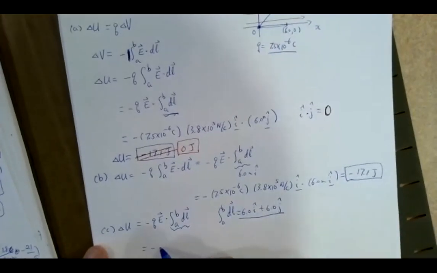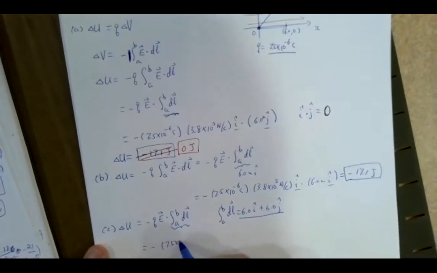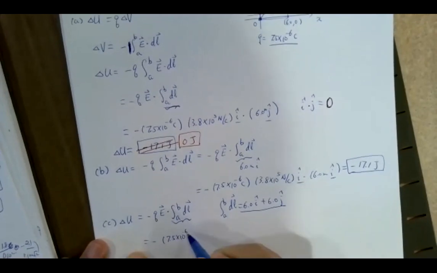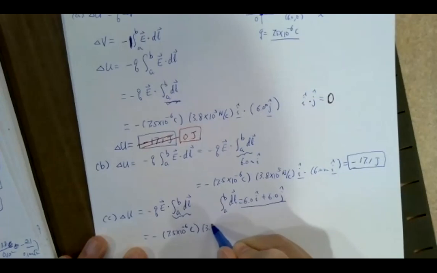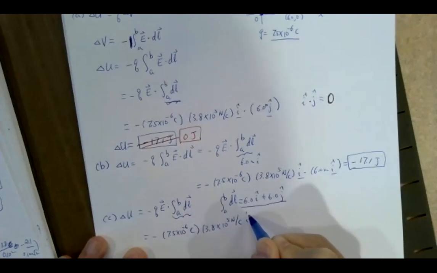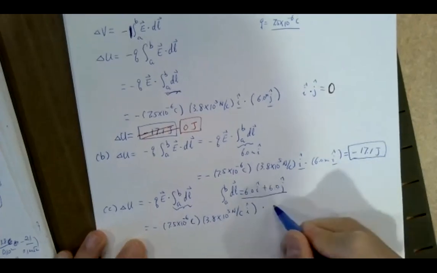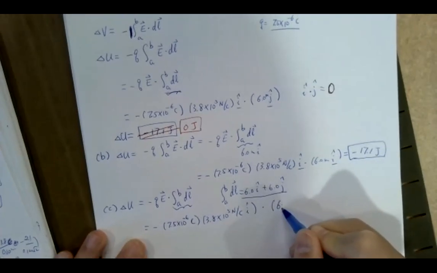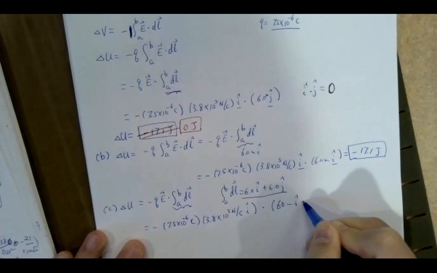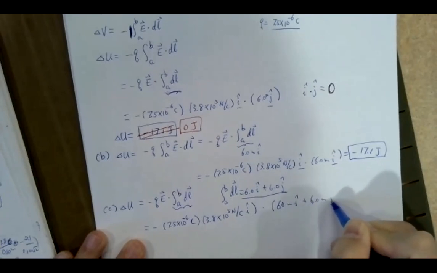Then this is minus 7.5 times 10 to the minus 6 coulombs times 3.8 times 10 to the fifth, that's in the i direction, dot 6.0 meters in the i direction plus 6.0 meters in the j direction.